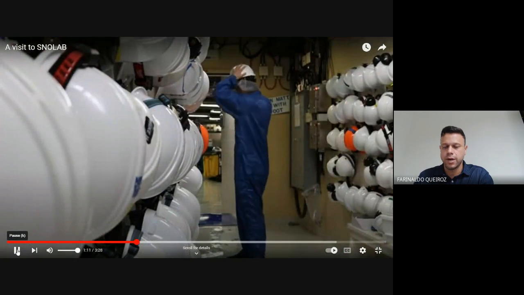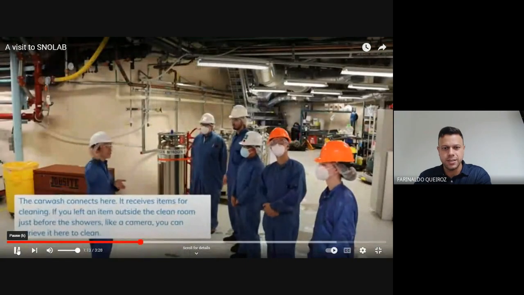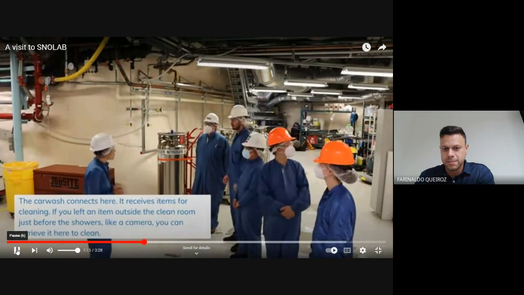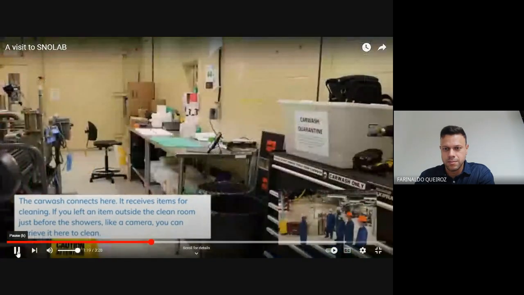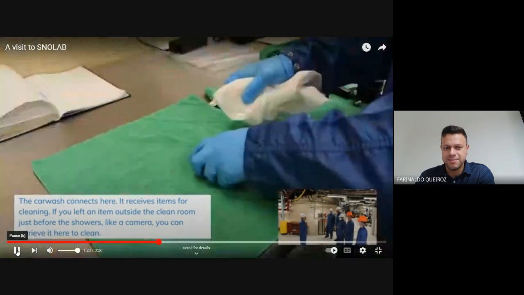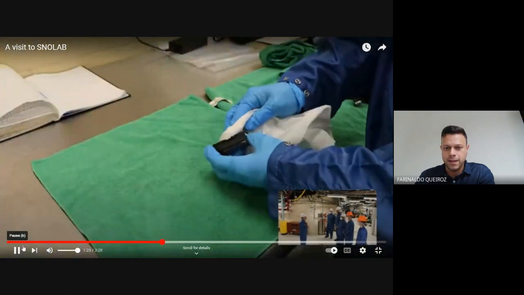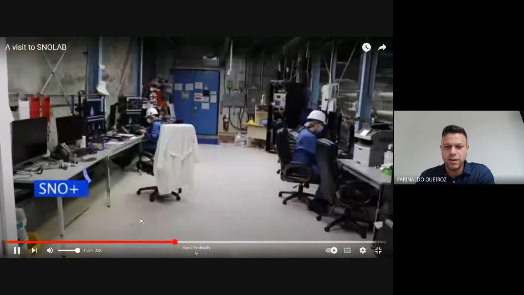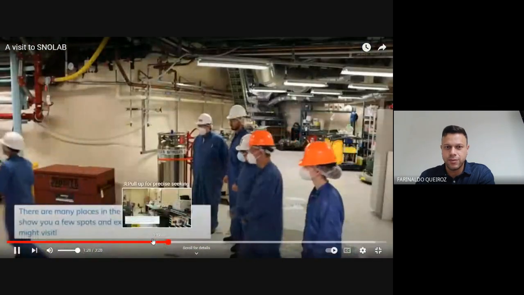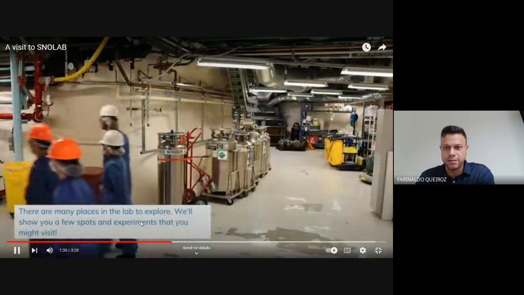You have to wear security equipment. So this is what the lab looks like. Yes, there's cleaning materials and so on. Oh, that was the tank. Well, yeah, this whole thing is the tank.